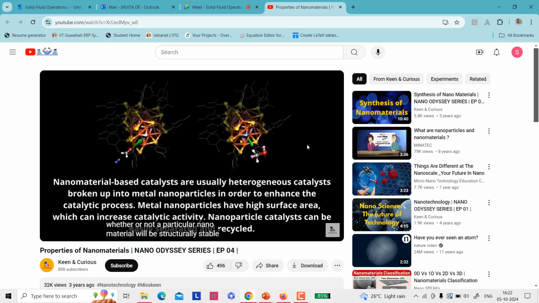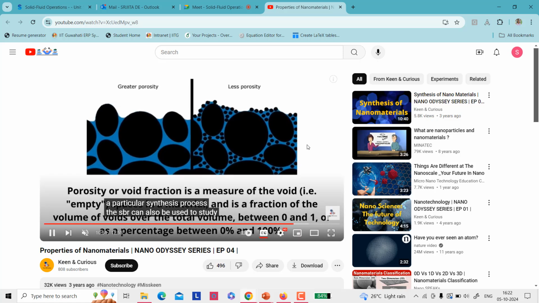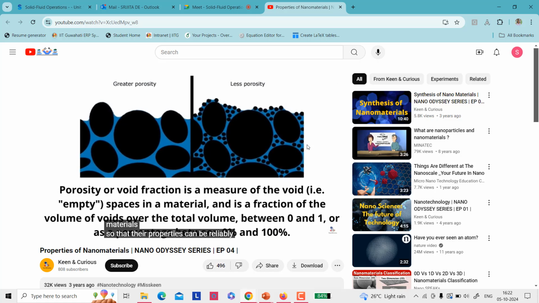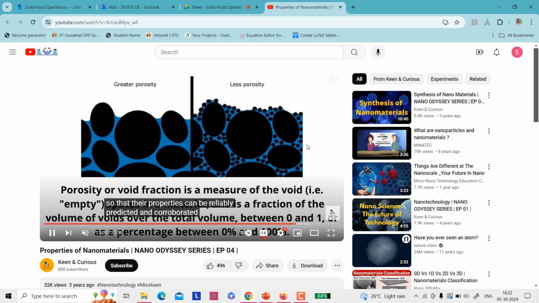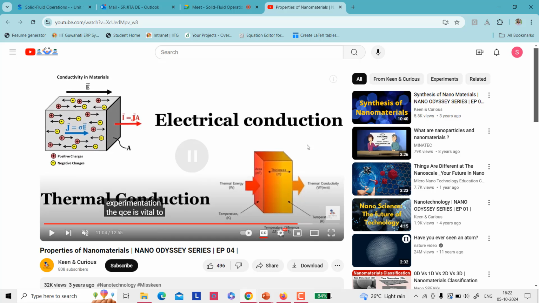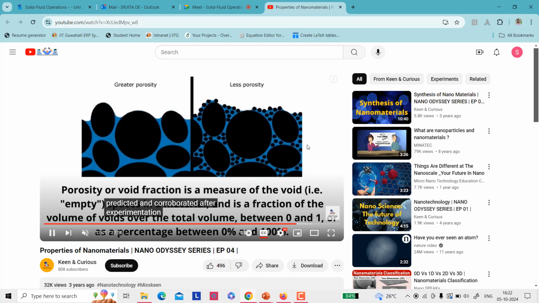The QCE is vital to most physical properties, such as electrical and thermal conduction, polarity and polarizability. The SVR and QCE phenomena together dictate the density, hardness, solubility, and surface energy of the synthesized nanomaterials.